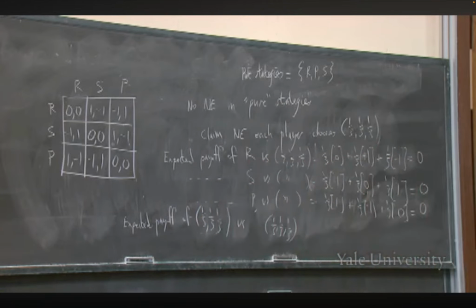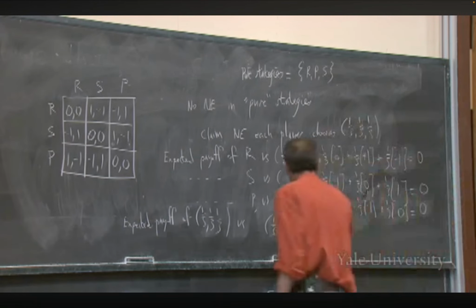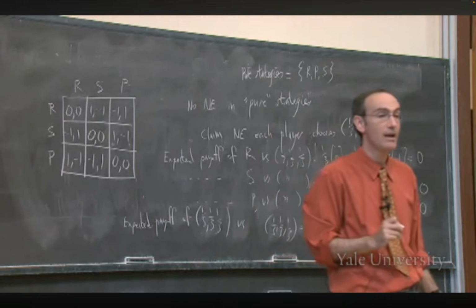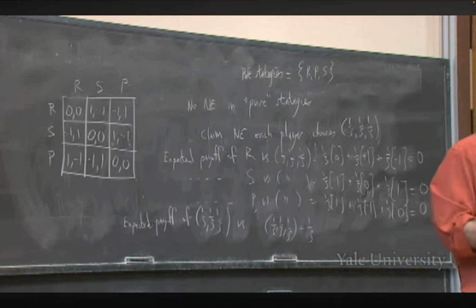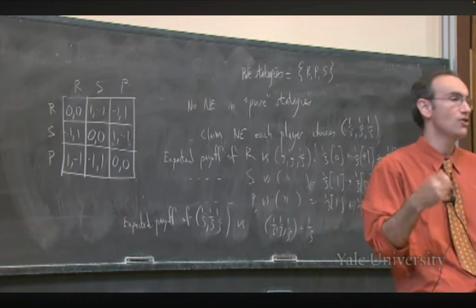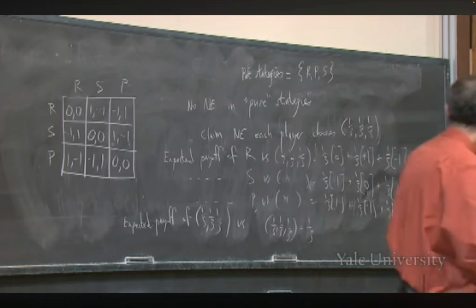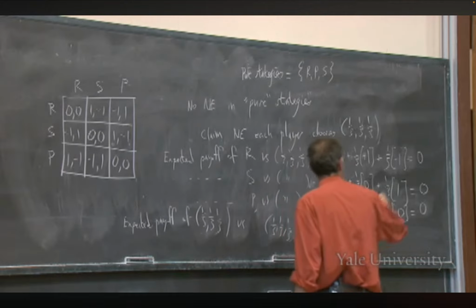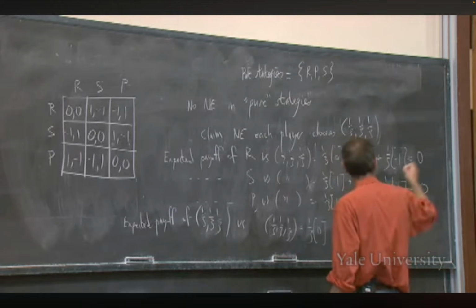Well, a third of the time, I'm going to be playing rock. All right? So a third of the time, I'm going to be playing rock, and then I'll get the expected payoff from playing rock against a third, a third, a third. What was the expected payoff from playing rock against a third, a third, a third? 0. All right? So a third of the time, I'm going to play rock, and I'm going to get this 0.